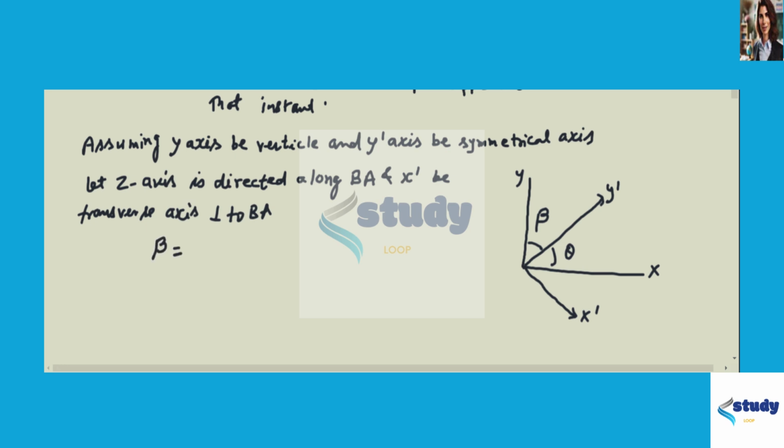Here beta will be 90 minus theta. i dash can be written as i cos of beta minus j sin of beta.